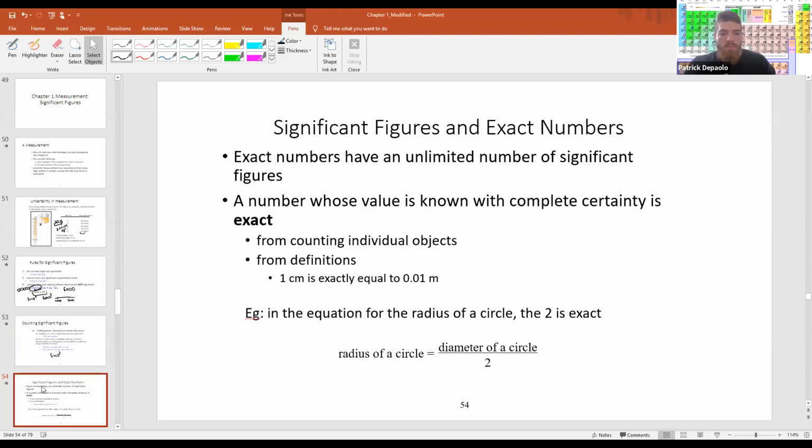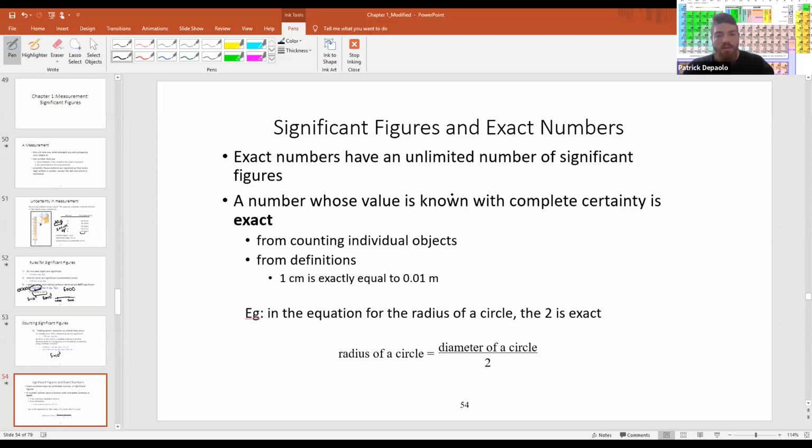All right, so now significant figures and exact numbers. Exact numbers are definitions and counting, basically. There are measured numbers and exact numbers. Everything we just talked about with numbers of significant figures are called measured numbers.